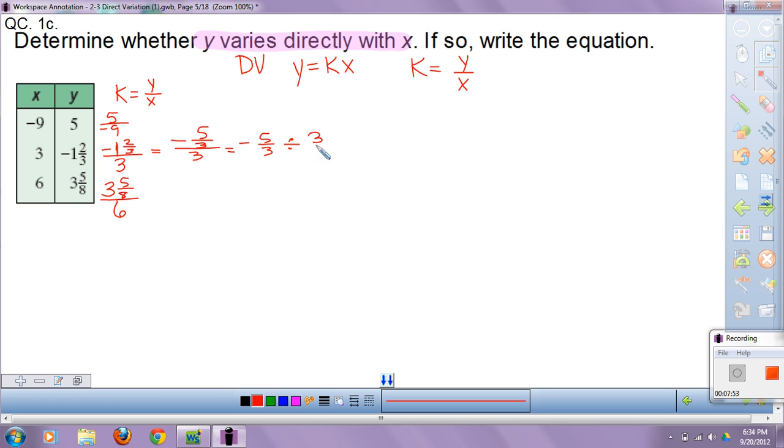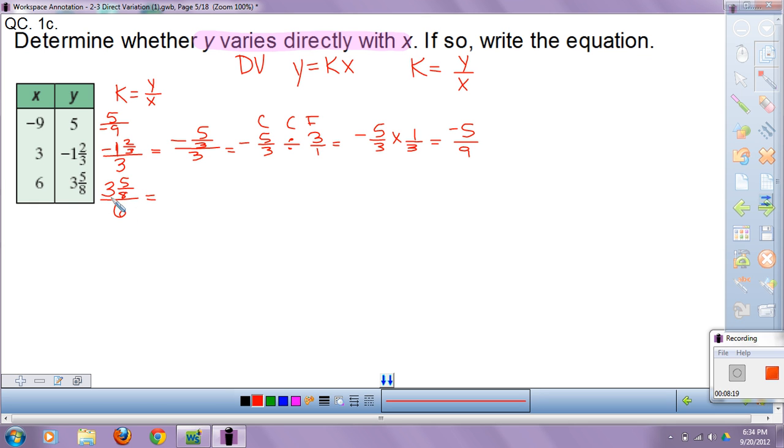Hopefully you remember that we cannot divide fractions, so I'm going to copy, change, flip, and change this to negative 5/3 times 1/3. And then when we multiply fractions, we simply multiply across. Negative 5 times 1 is negative 5. 3 times 3 is 9. So far, so good. Negative 5/9.